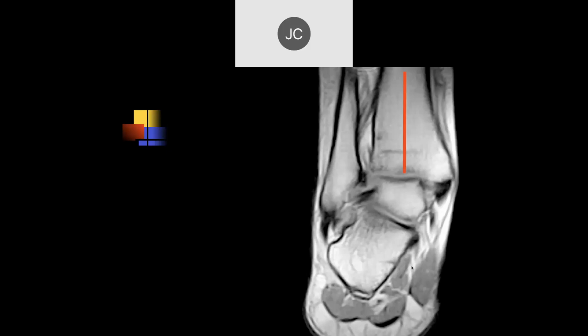In this particular case, we can see the middle of the tibia is there, the middle of the talus is kind of there, and the calcaneus is over here. So this is an anatomy called calcaneal valgus, which is different from hindfoot valgus that we're going to talk about in a little bit.